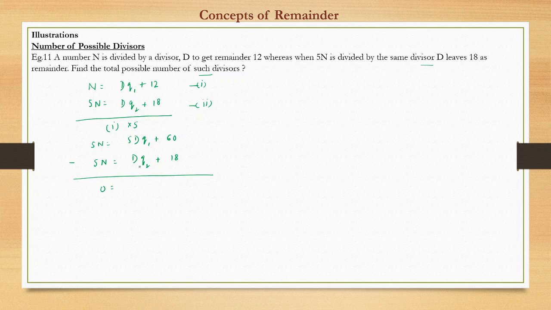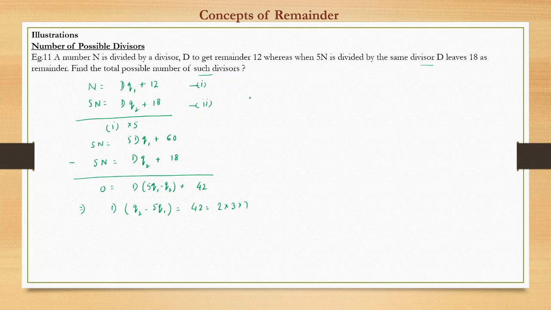So this becomes 0. Here d is common: d times (q2 minus 5q1) plus 42, which we can rearrange as d times (q2 minus 5q1) is equal to 42, which is nothing but 2 into 3 into 7.